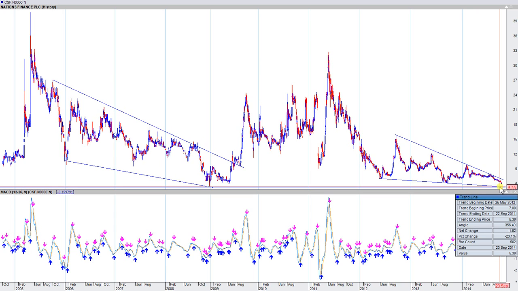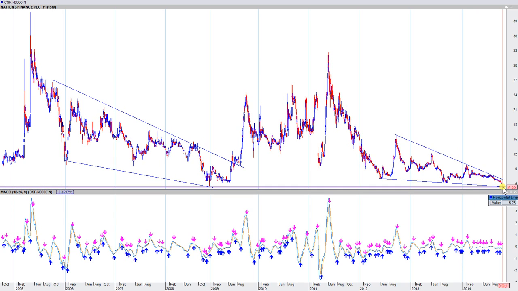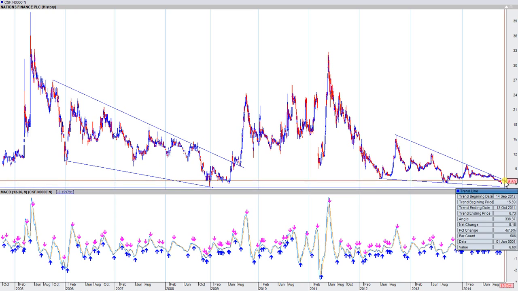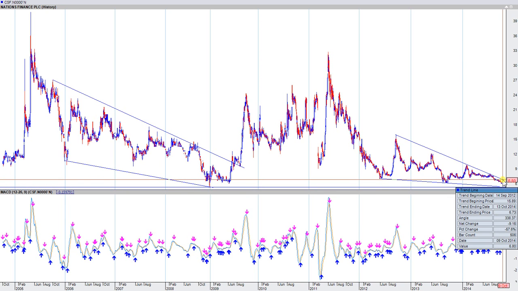Some aggressive traders buy at the support or at a potential reversal point around 5.25, 5.30. They keep a very tight stop loss around 490, 480. And the other people start coming in around 680.